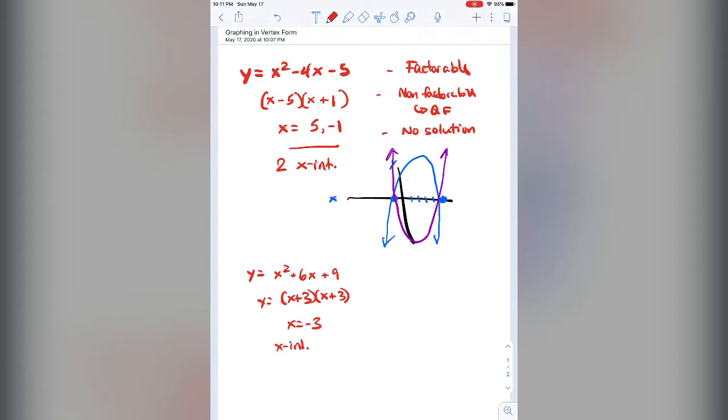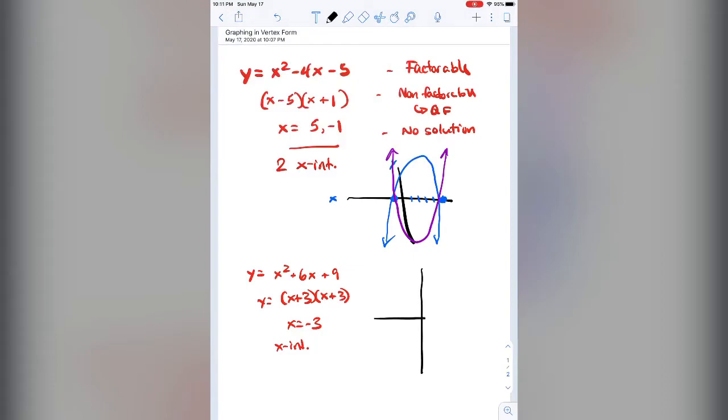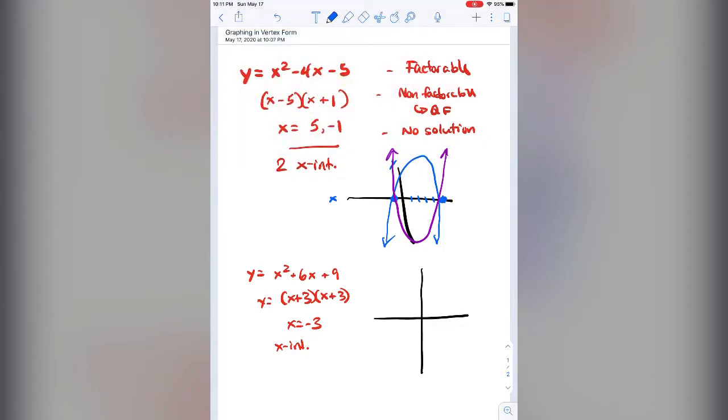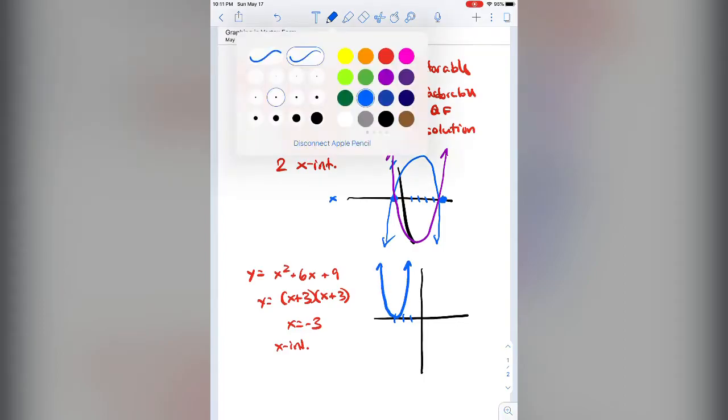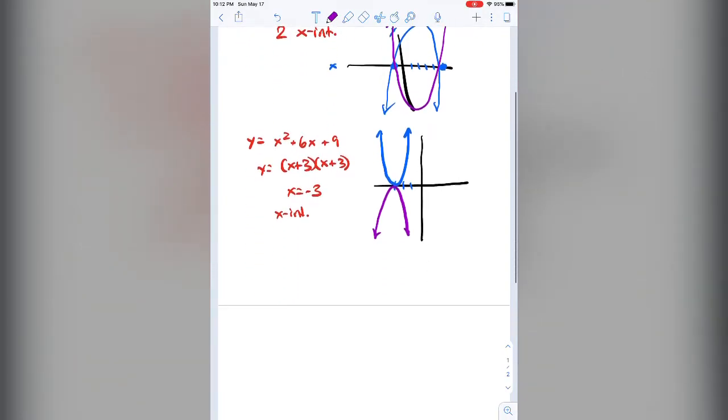But now we only have one x-intercept, which means this. Again, still our x-intercept, but since it's at -3, that means our vertex is at -3, and it could be like this, or it could be like this. Now we'll talk about whether it opens up or down in a second, but when we have one solution, and it's a perfect square trinomial, these are the possibilities.